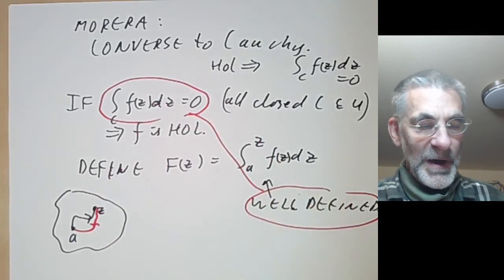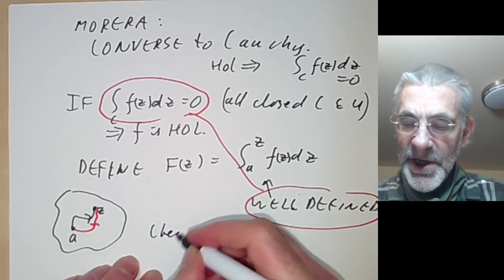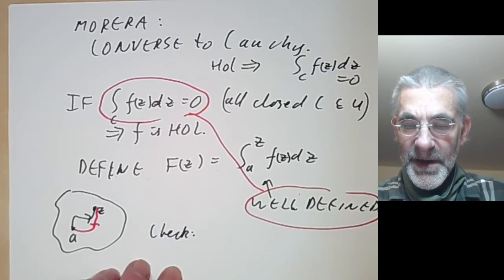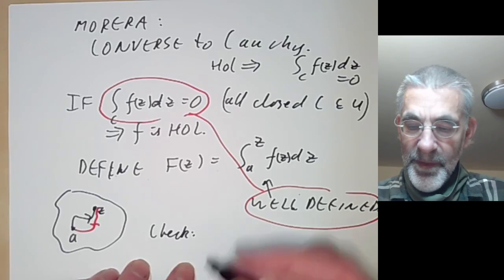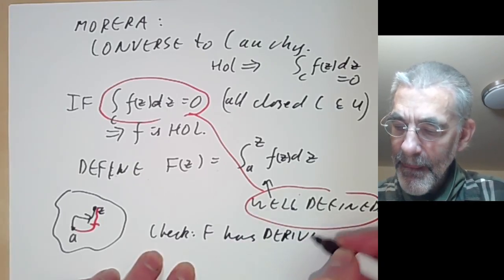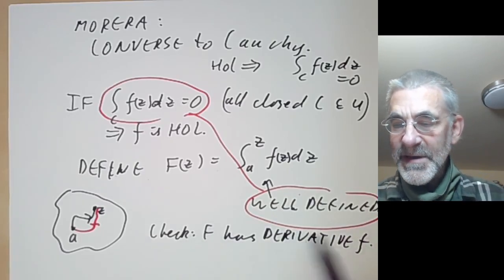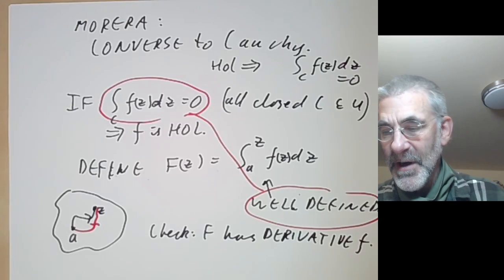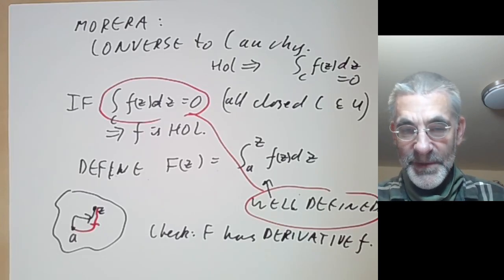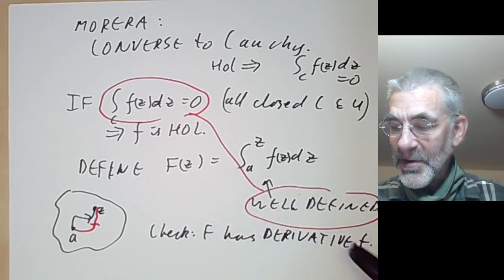So this is well defined, and once you've shown that, we can just check that F has derivative little f. This is a very easy calculation which we more or less did when we were showing that functions had an antiderivative, for example.